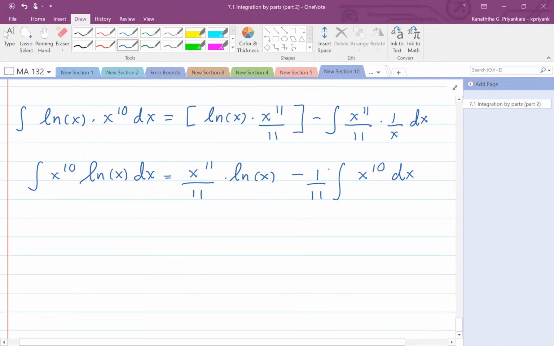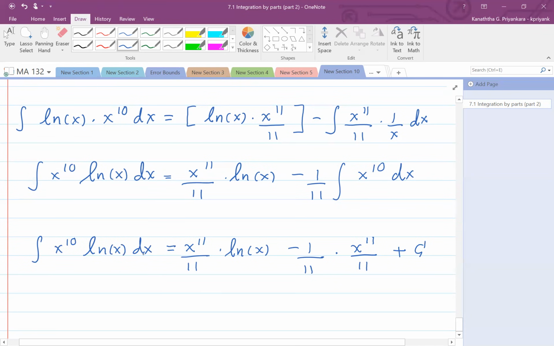Remember, this is not integration by parts, because we don't have two terms here. So x to the power 11 over 11 times ln of x minus 1 over 11 times the antiderivative of x to the power 10, which is x to the power 11 over 11 plus some constant. So that would be this integral.